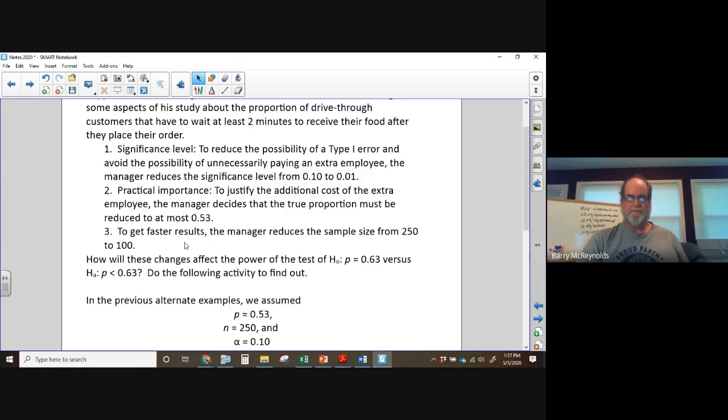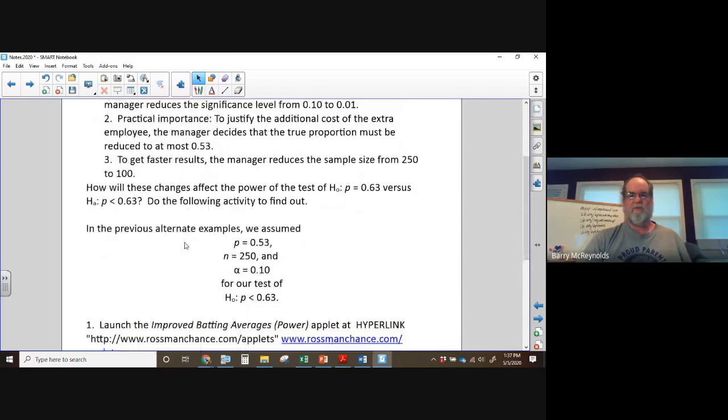Okay, so here's what we've assumed so far. Our null hypothesis is the true proportion of people who wait more than 10 minutes is 0.63. Our significance level has been 0.1. The number of samples we took is 250.